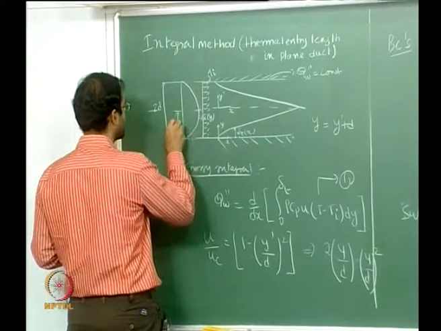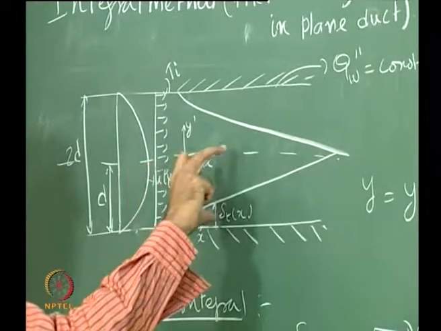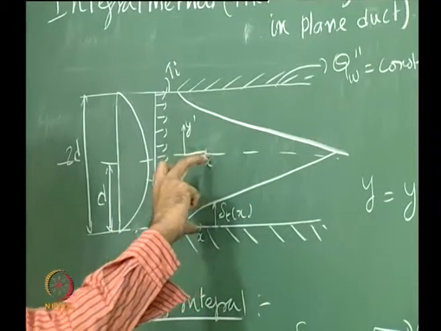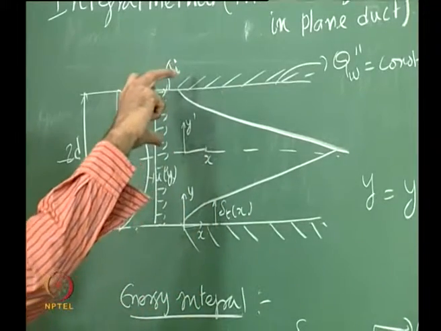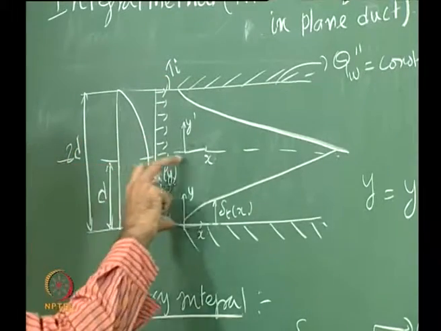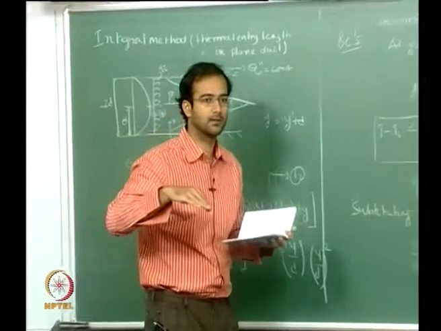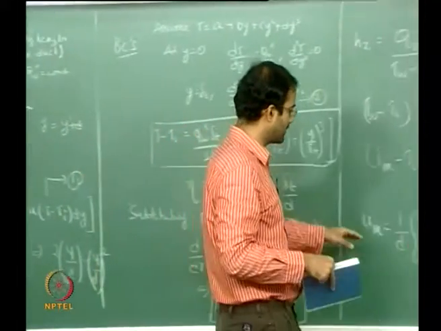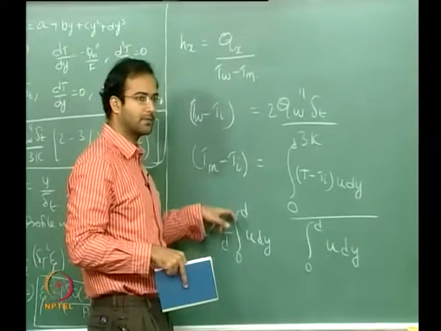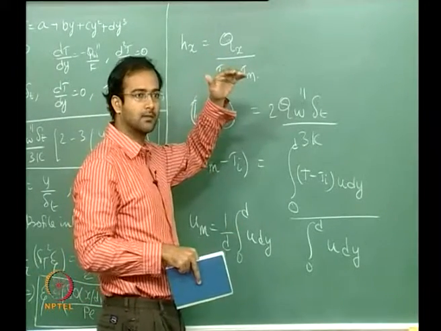from 0 till d, because the boundary layer growth at the bottom plate is affected by the velocity profile from 0 to d, and for the top profile it is exactly symmetric, okay. So I am looking at the mean velocity which is basically affecting the thermal boundary layer growth on the bottom plate, okay. So therefore I am concerned only with the region from 0 to d here, okay, not the complete 0 to 2d, okay.